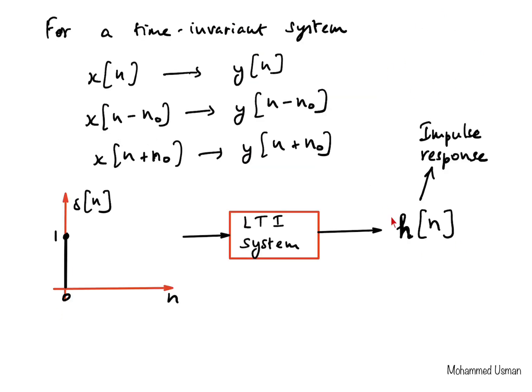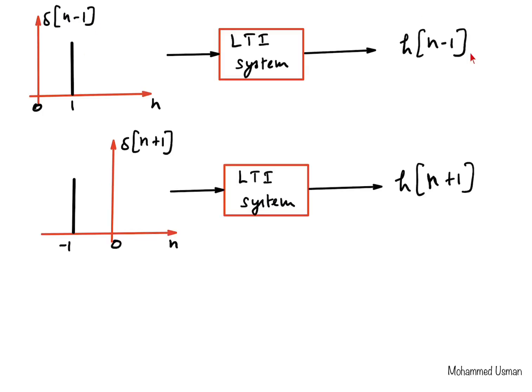When there is no shift here, we got h of n. When delta of n is shifted to the right by 1, h of n has also shifted to the right by 1. When delta of n is shifted to the left by 1, h of n has also shifted to the left by 1, and that is a property coming from time invariance, right? Let me write this n properly. So this is h of n plus 1.